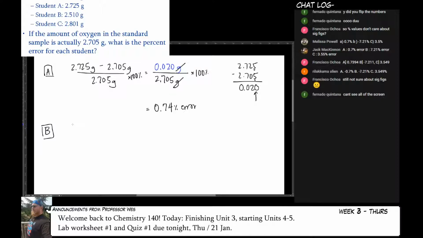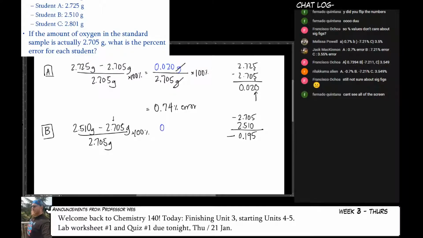So for example B, we have 2.510 grams. The correct answer was 2.705 grams, times 100%. So let's go and do the subtraction. This number over here is bigger, so I'm going to do my subtraction kind of upside down, and my answer will be negative. So 5.10 minus 1 is 9. 6 minus 5 is 1. So that's my difference there.